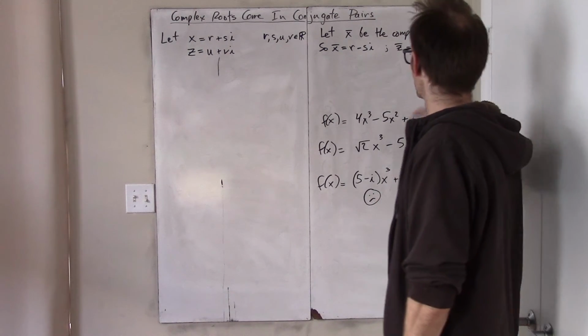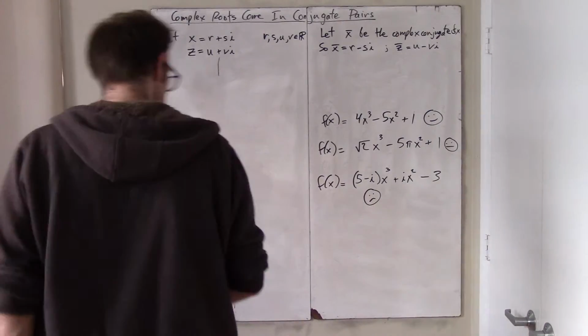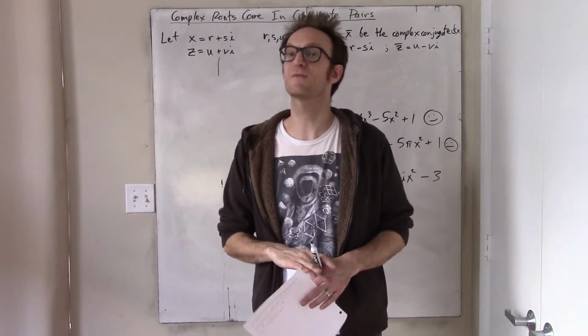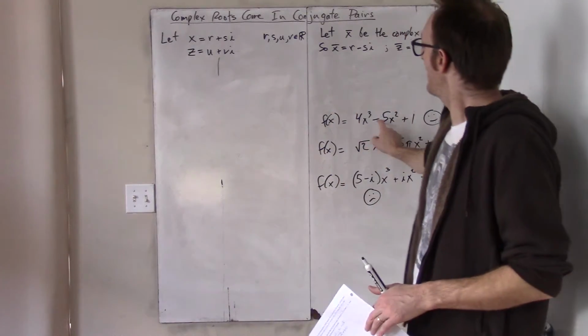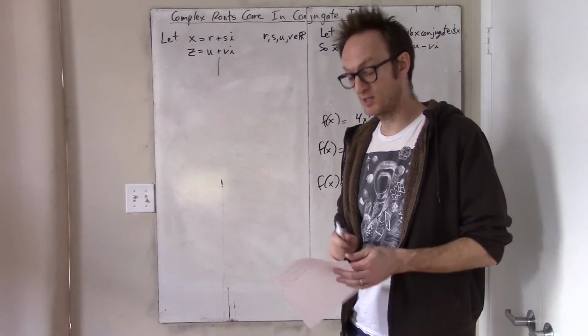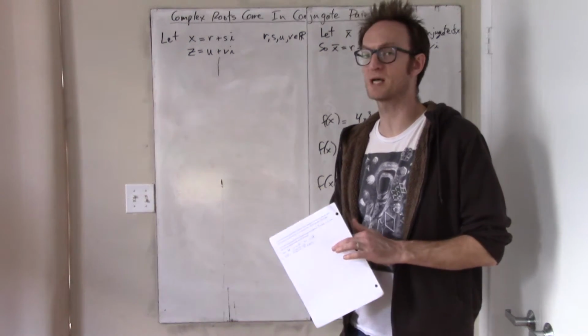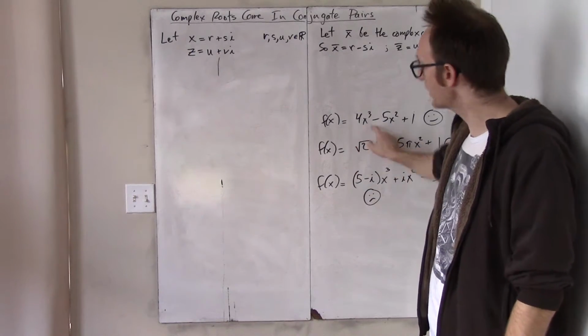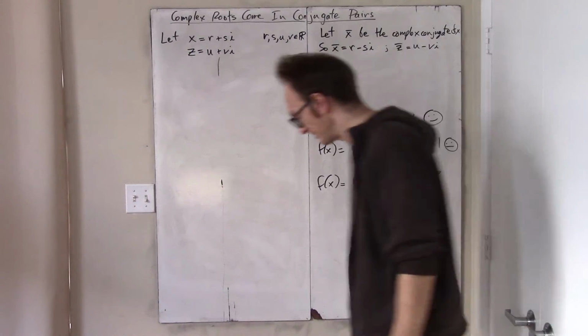I love this. And the sort of tragedy and wonder of this subject is that even if I only care about polynomials with real coefficients, I still need to be talking about complex numbers because many of these polynomials have roots which are in fact complex.